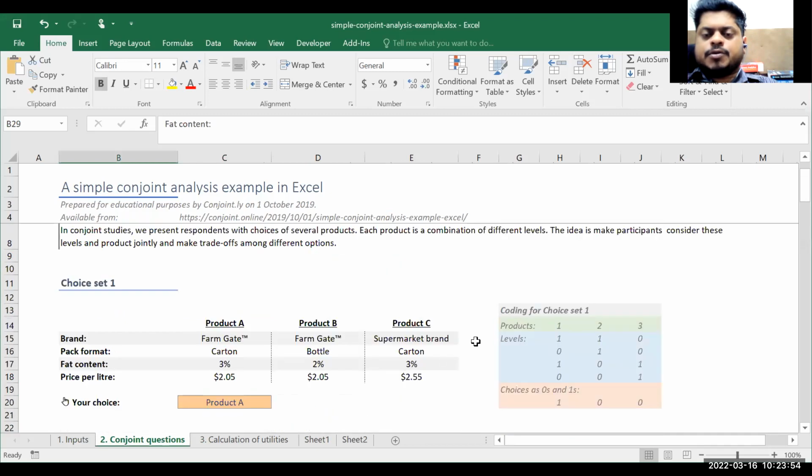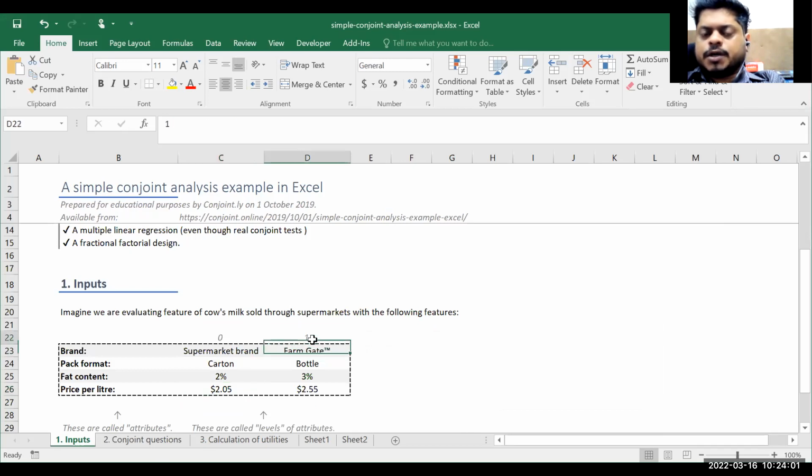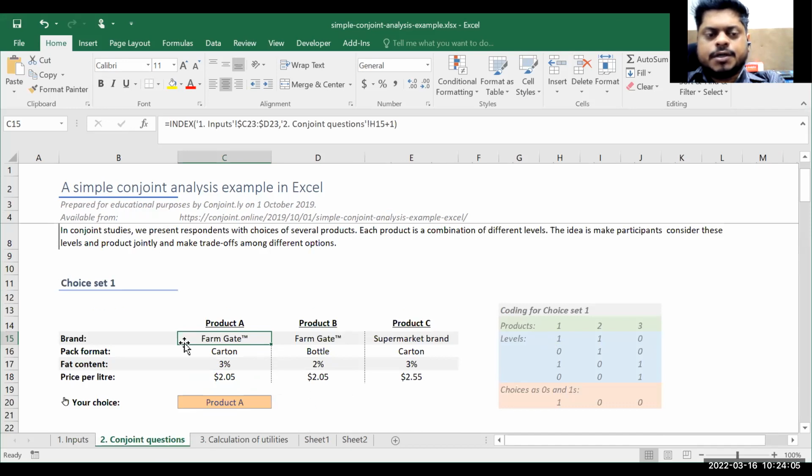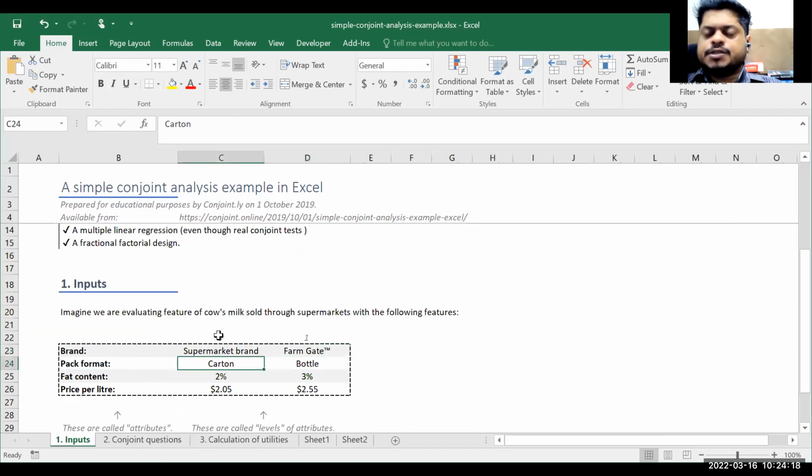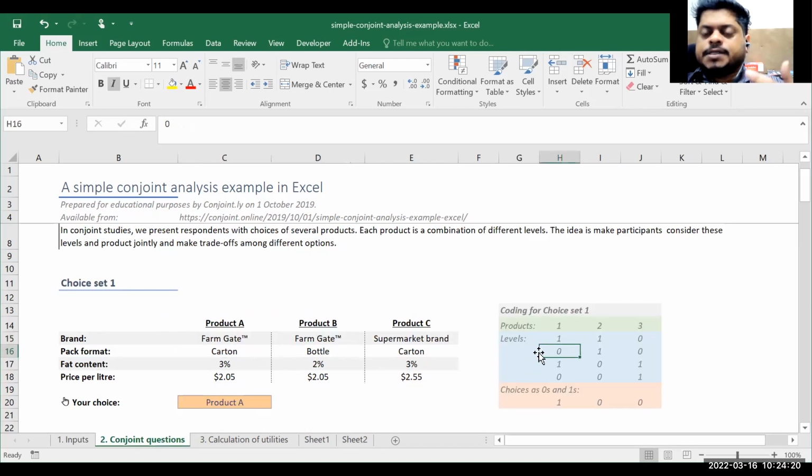Same thing, if you see here, what has happened for each label. If I go back and see in my input, Farmgate is 1, so Farmgate will be coded as 1. If I come back to the conjoint question, product A is nothing but brand Farmgate, so that's why the label is 1. Similarly, product A's pack format is carton, and if I go back and see in the input, carton is 0. So rather than writing in this textual format, now I can code the product.